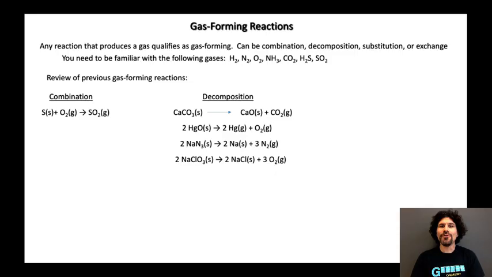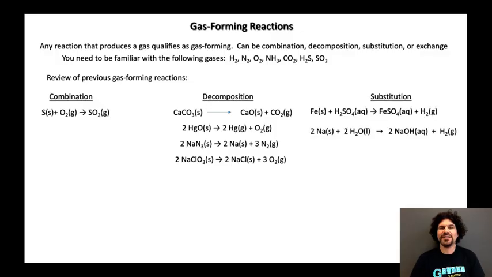We've seen numerous decomposition reactions that are gas-forming. For example, calcium carbonate decomposing to give calcium oxide and CO2, mercury oxide giving off oxygen, sodium azide giving off nitrogen, and sodium chlorate giving off oxygen, all in the decomposition lesson.